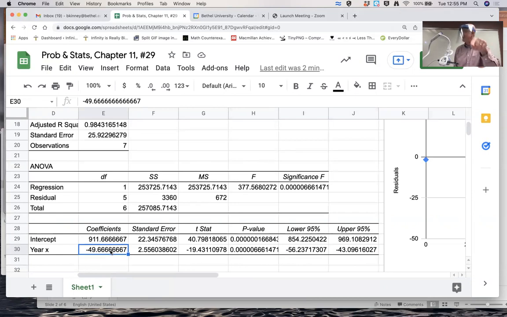It's a sample slope, not a population slope. This 49.6 repeating is an observed value of a sample slope based on a random sample. It's not necessarily equal to the population slope, but what do I mean population slope? And is it really a random sample?